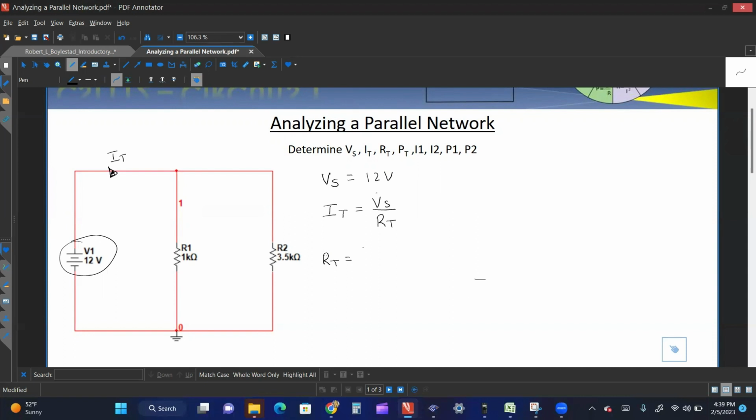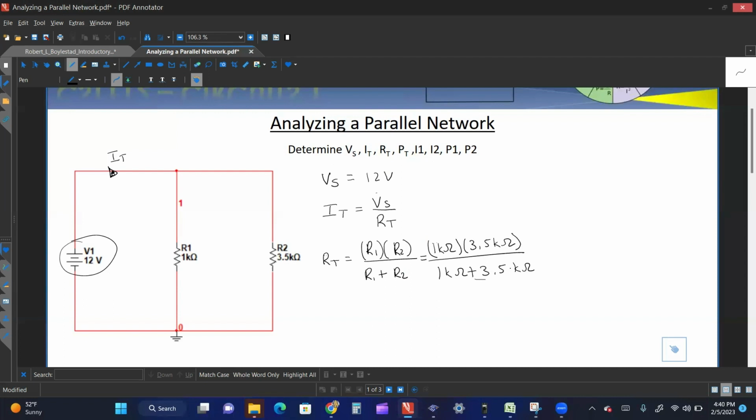So R total equals 1 over 1/R1 plus 1/R2, which is R1 times R2 divided by R1 plus R2, which equals 1 kilo ohm times 3.5 kilo ohm divided by 1 kilo ohm plus 3.5 kilo ohm.